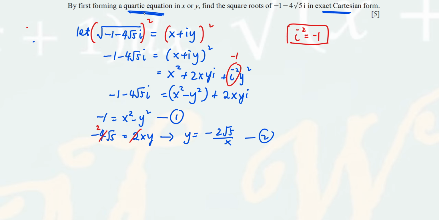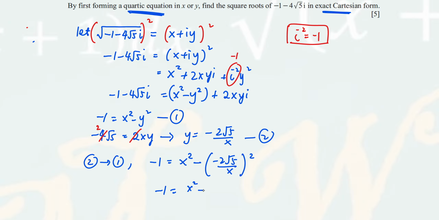The question says forming a quadratic equation in x or y, which means now I substitute the second equation into the first equation. So I will write -1 equals x squared remains, minus the y replaced by -2 root 5 over x, then you square it. Now do expansion. So -1 equals x squared minus the square of -2 root 5, that is 20, over x squared.